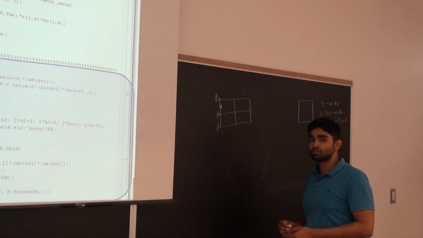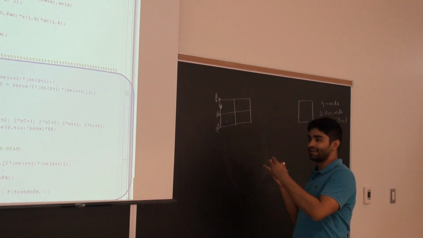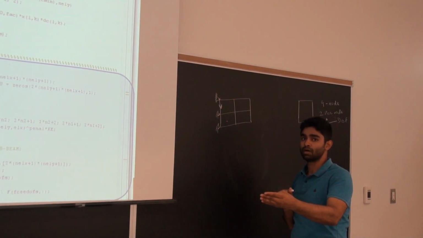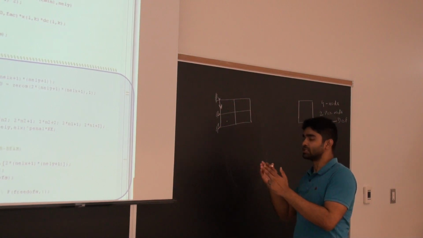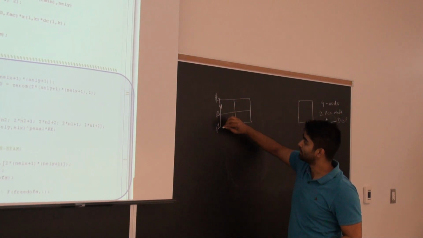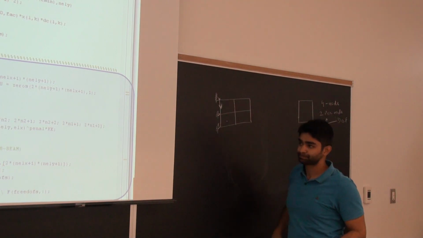So in other words, what we are trying to do, we are trying to constrain the left edge of our boundary as constrained in x. So the displacement in x is 0 for this edge.